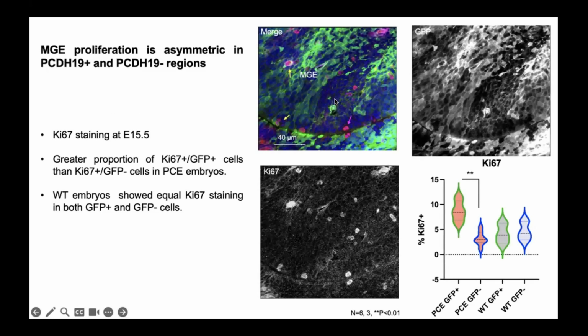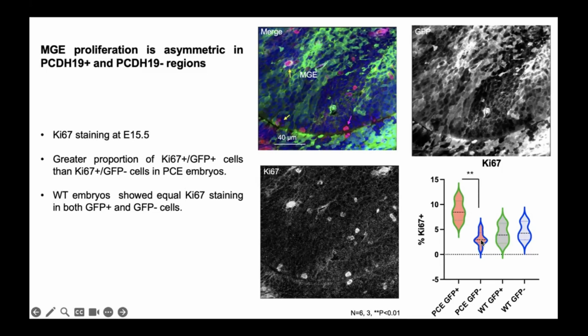And then we literally just counted the number of cells. You can count all the blue dots, where each blue dot is one cell. Then you can count how many blue dots also have green, and how many blue dots also have red. Then you can take your proportion of those and figure out if there's more proliferating cells that are also green, or PCDH19 positive, versus the cells that are blue only, and those would be PCDH19 negative.